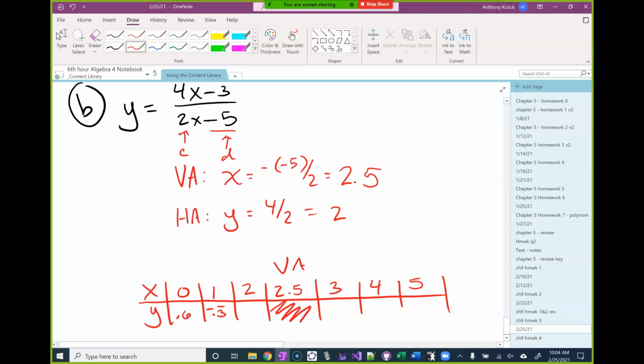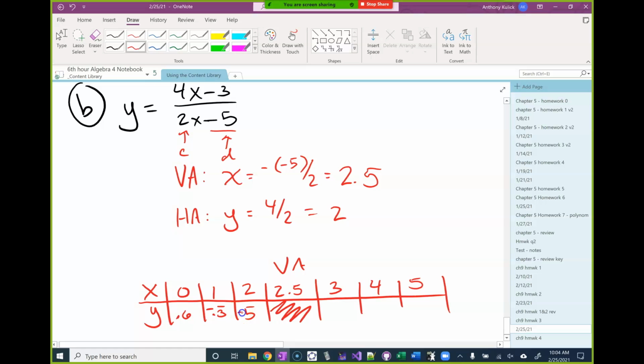If I plug 2 in, I get 8 minus 3 over 4 minus 5. So that is 5 over negative 1.